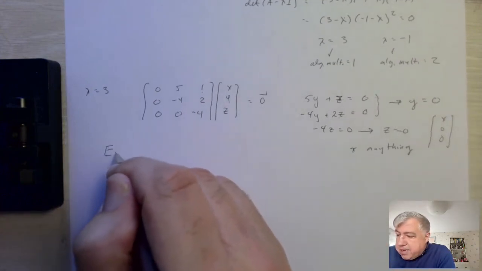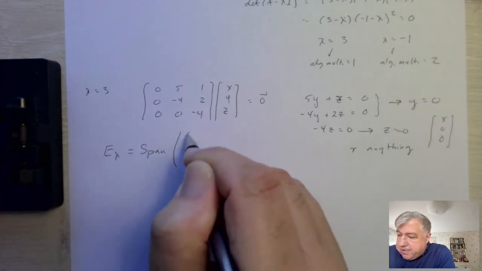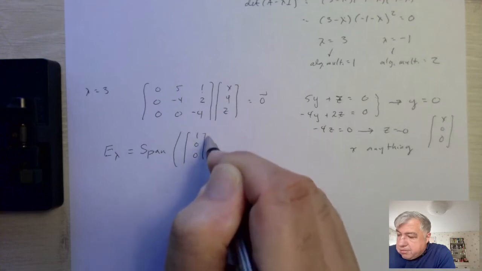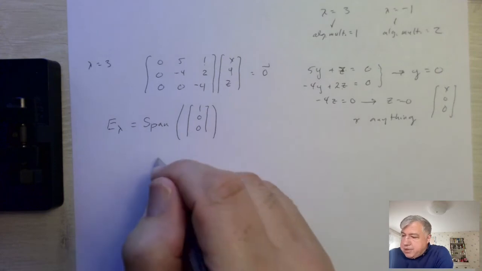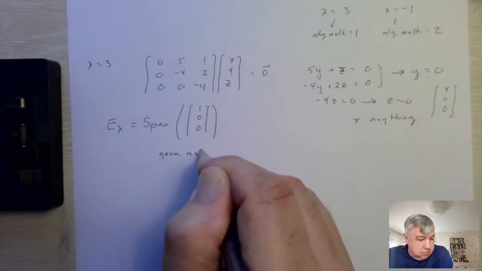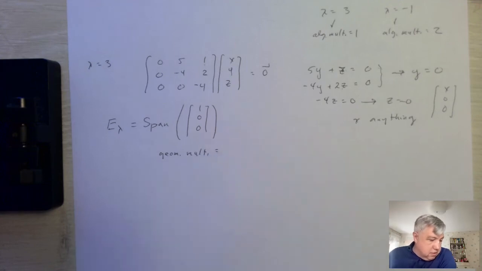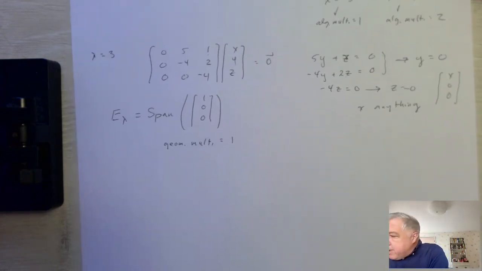So the eigenspace here is the span of just the vector 1, 0, 0. Now the geometric multiplicity is 1 as well.